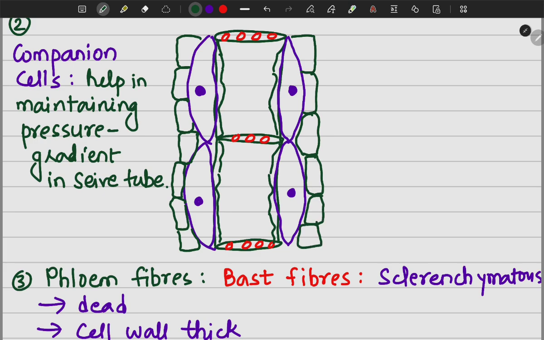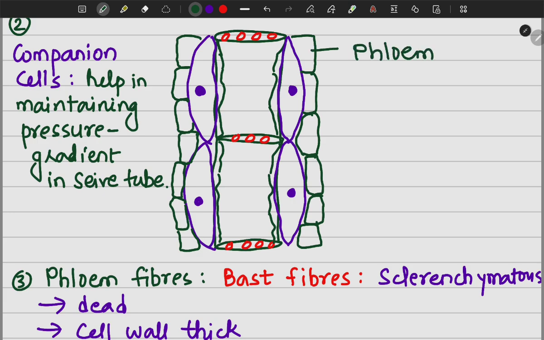And these cells have pores in between them through which they have a connection so that they can transport the food material between each other and also between the parenchymatous cells and the companion cells to other parts of the plant.